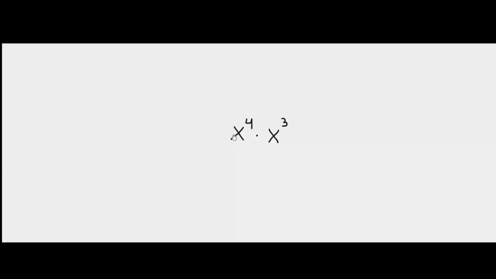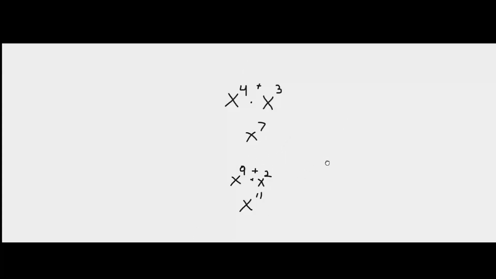So this first one here, we have x to the fourth times x cubed, or x to the third. Whenever you have variables that have exponents and they are being multiplied, all you do is you add the exponents. So this one is x to the seventh.